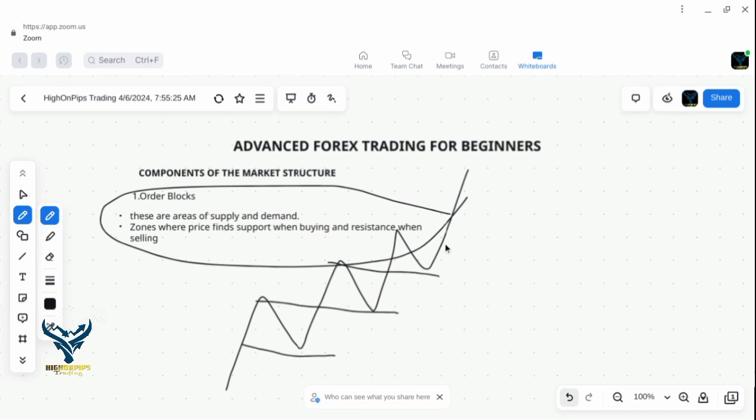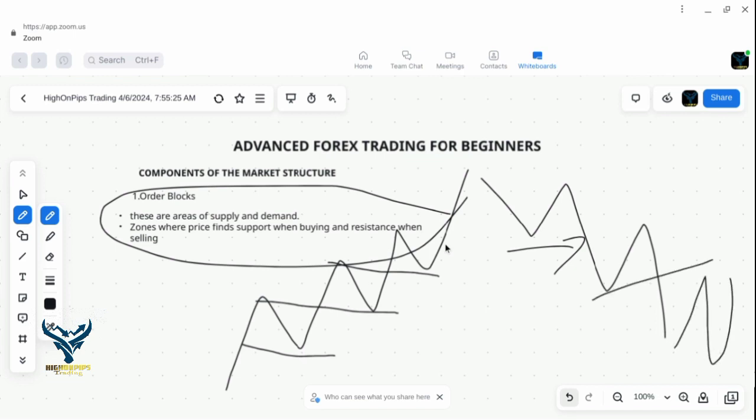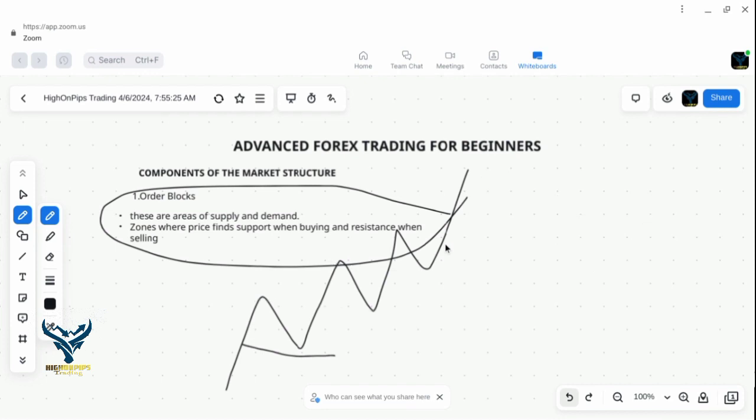Eventually the market is going to decide to want to sell, which means the moment it starts selling, they will decide to break the buying structure and start selling, and then they'll start finding resistance on order blocks again. I hope I am clear.